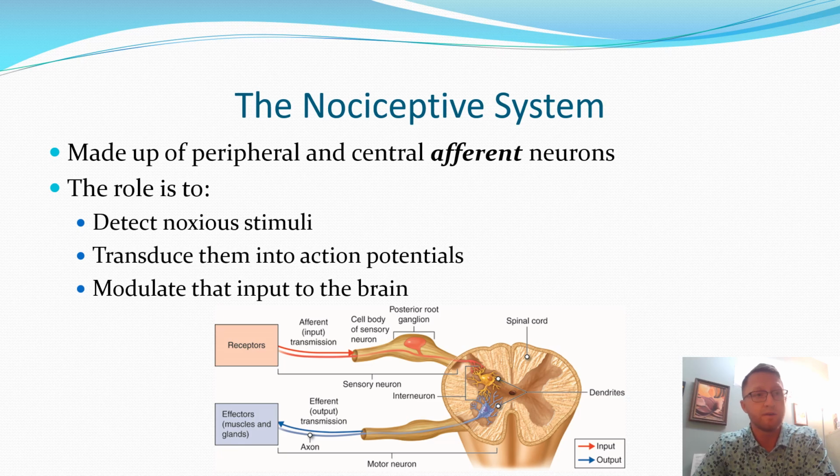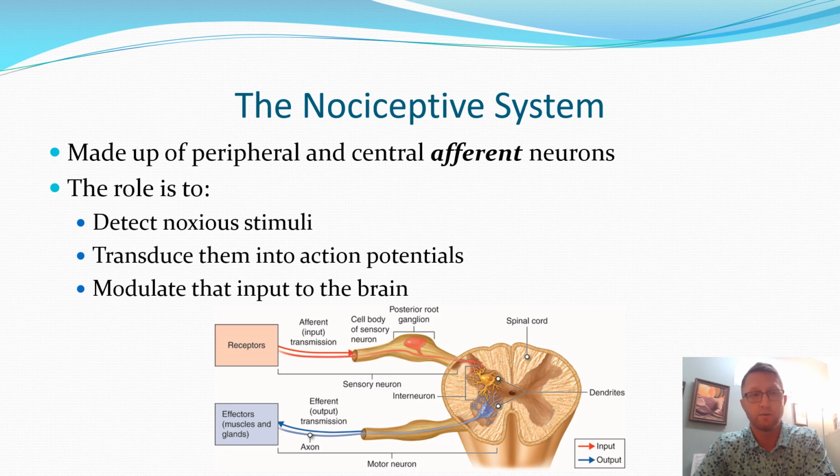You can also see here that on the bottom side, or this kind of purple or bluish box at the bottom, this is where we get a motor response essentially from the input that we're perceiving. So we have our sensory receptors transmitting that type of input through those afferent neurons.